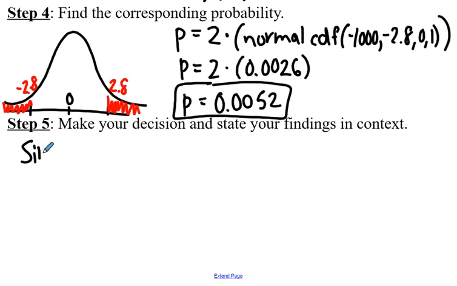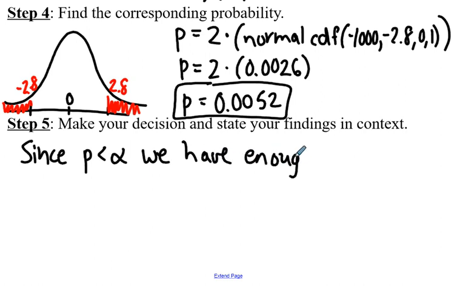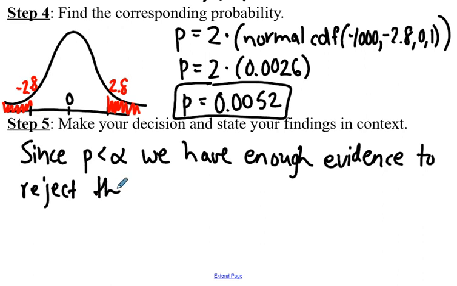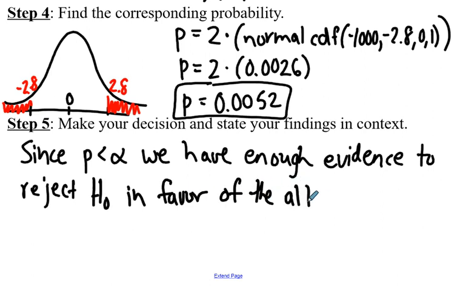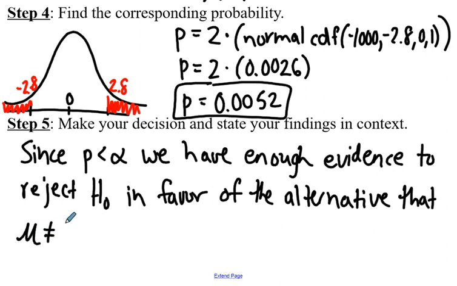So we would say since p is less than our alpha level, we have enough evidence to reject the null hypothesis in favor of the alternative that the mean is not equal to 5.